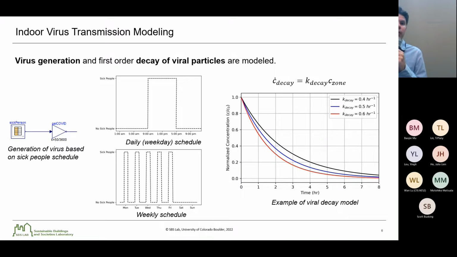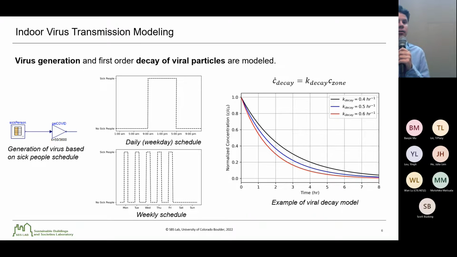Then lastly, we have our decay of virus model. For this, we just use a simple first order method where the rate of virus decay in the room due to biological and chemical effects is modeled just based on a constant multiplied by the virus concentration in the room. And in this figure, we show a simple demonstration of what this can look like.